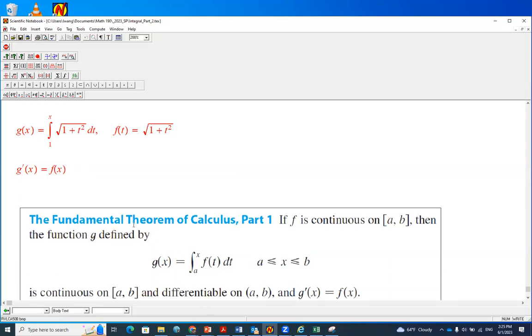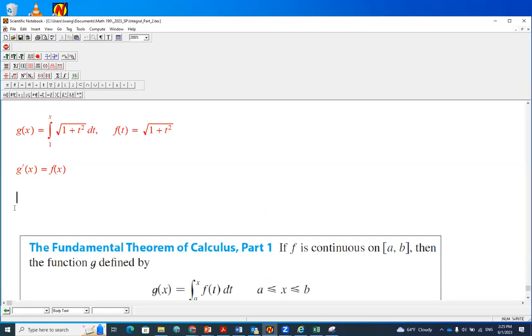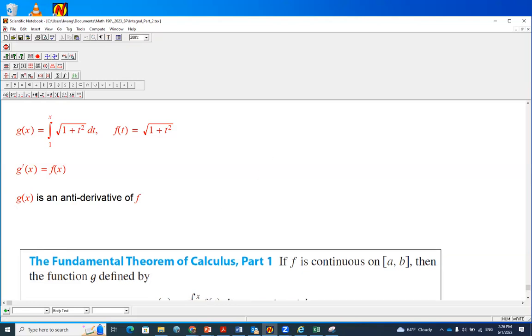And as we said earlier, g is an antiderivative. G of x is an antiderivative. I didn't say the, because once you have an antiderivative, you have many of f. G is an antiderivative of f.